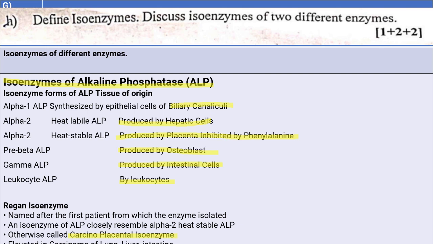It is a carcinoplacental isoenzyme, which is elevated in carcinoma of lung, liver and intestine. This Regan isoenzyme increases in cancer of lung, liver and intestine, and it closely resembles alpha 2 heat stable ALP. It was first found in a patient, and that patient's name is Regan. It is also called a carcinoplacental isoenzyme and it is elevated in carcinoma of lung, liver and intestine.